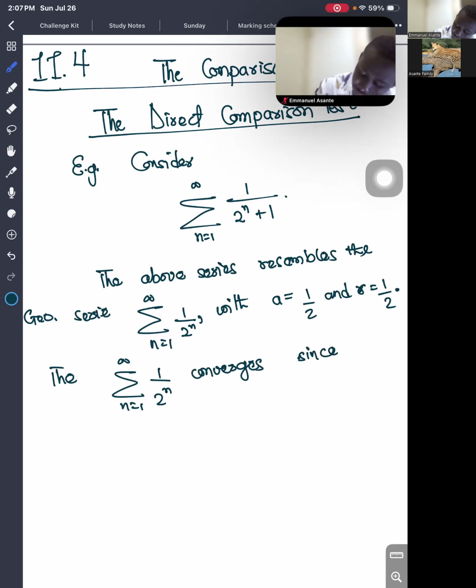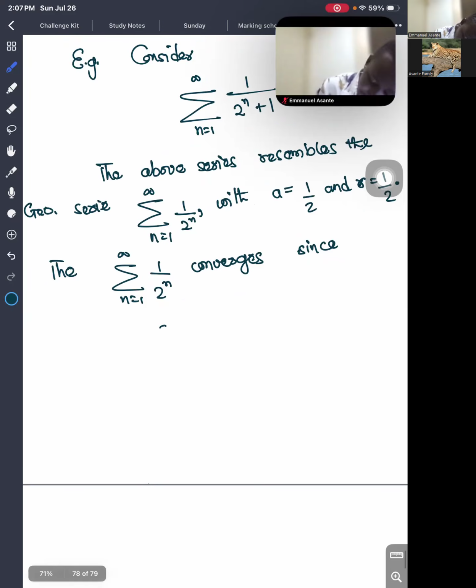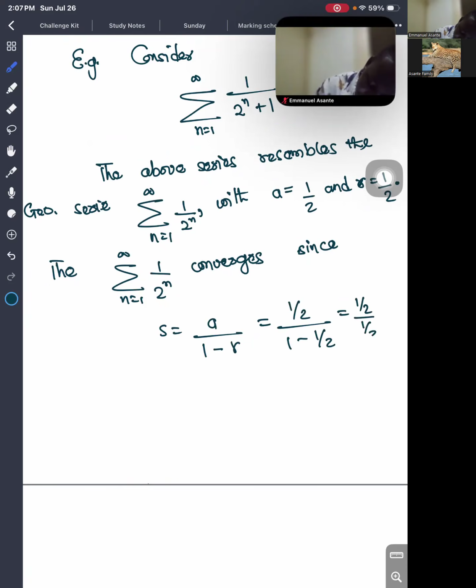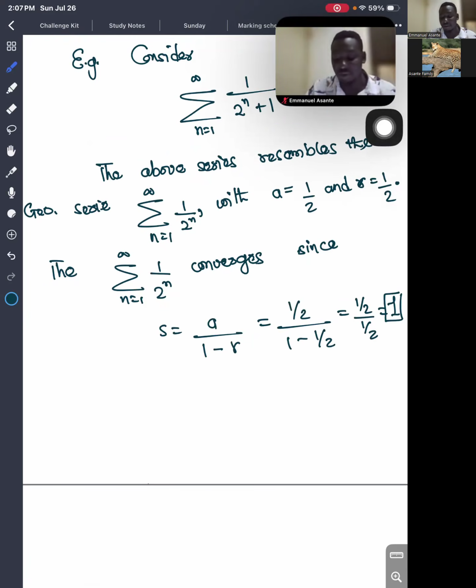You can just use the formula for the sum: the first term a over 1 minus the common ratio r. So you have 1 over 2 over 1 minus 1 over 2, which is 1 over 2 over 1 over 2, so that is just 1. It converges because whenever you have a geometric series and the absolute value of r is less than 1, between 0 and 1, then it converges.